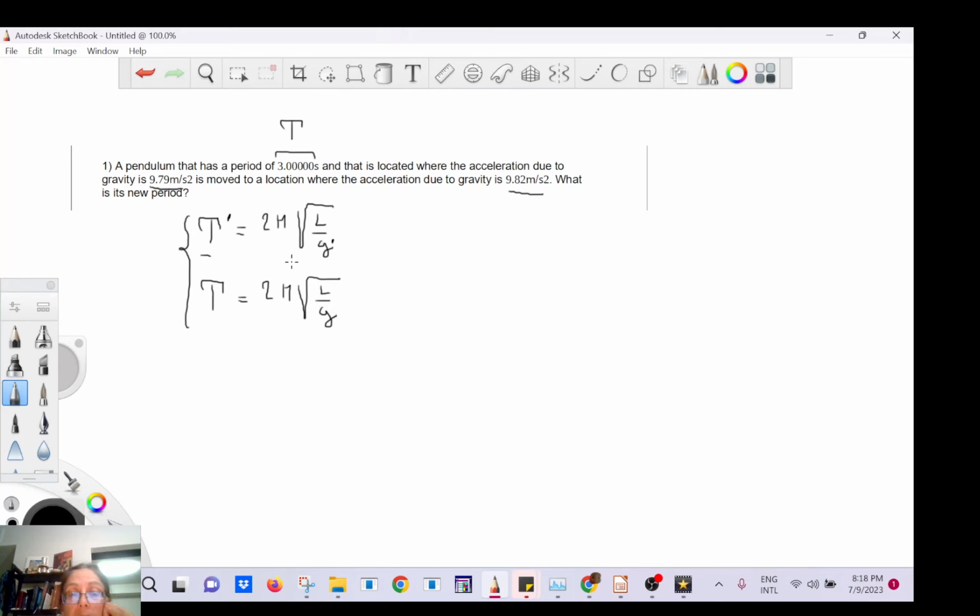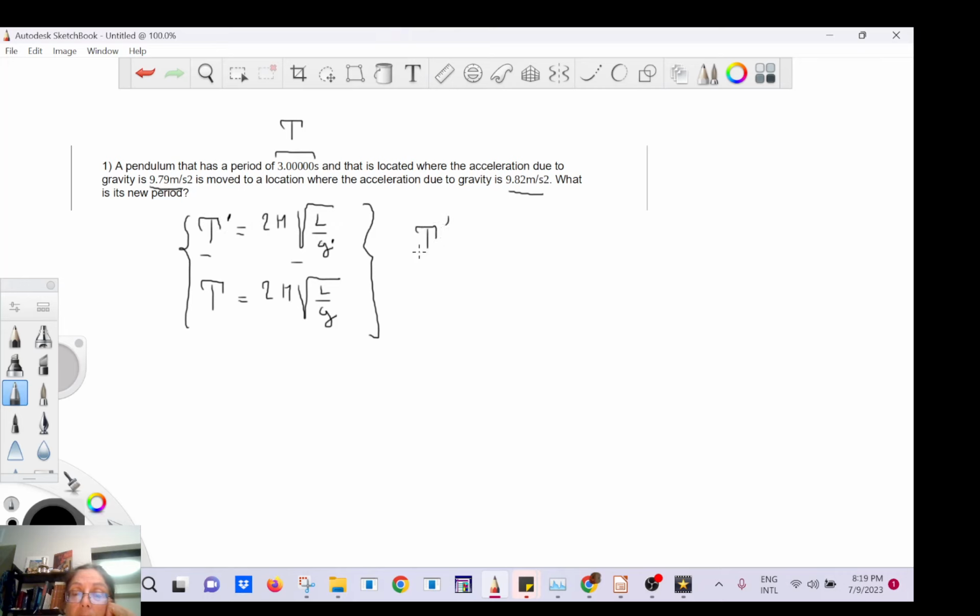One way is to divide the two equations. If you want to do it the long way, you can first solve for L from the old equation, and then plug L back into the new one. You can plug 9.79 here, solve for L because you have the period of 3, and then plug L in here and find the new period.